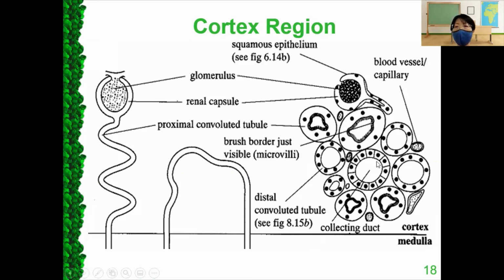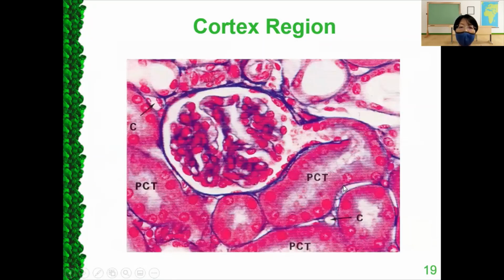Then the tube where the cell surface membranes separating the cells are clearly visible, this is the collecting duct, because all the ducts in the body have membranes separating the cells clearly visible. And then of course the smaller tiny tubes at the sides are all blood vessels, in this case peritubular capillaries. So now you'll be able to identify glomerulus, Bowman's capsule, PCT, and DCT.